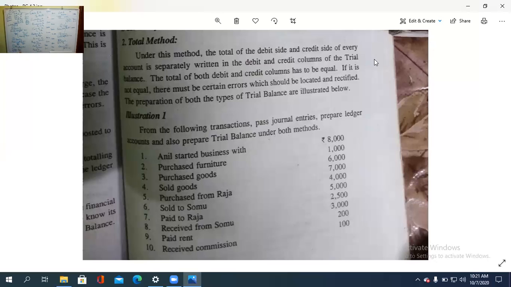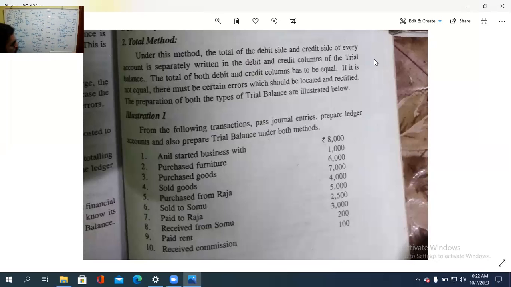Here to balance brought down, and purchases it is how much, 10,000, as it is keep it. It is 12,000 as it is keep it. Then here 4,000 and 2,500. So 1,500 is the balance to balance carry down. Then that is 4,000. So by balance brought down, that is 1,500.